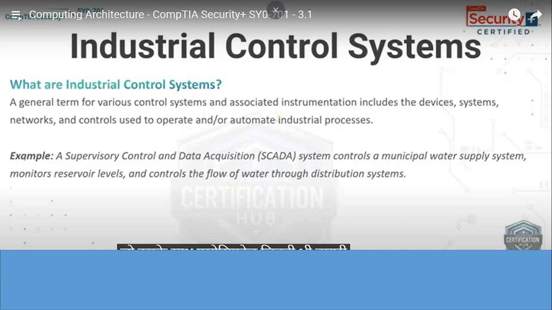You can say in simple terms, an industrial control system is a general term for the various control systems and associated instrumentation, which includes the devices, systems, networks, and controls used to operate and/or automate industrial processes. This is what an industrial control system is.